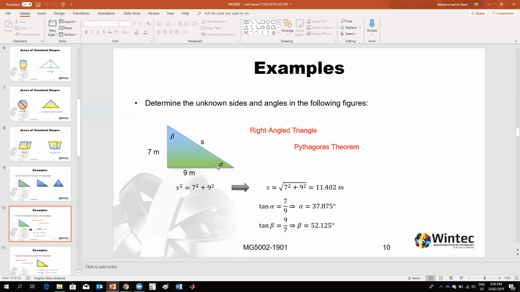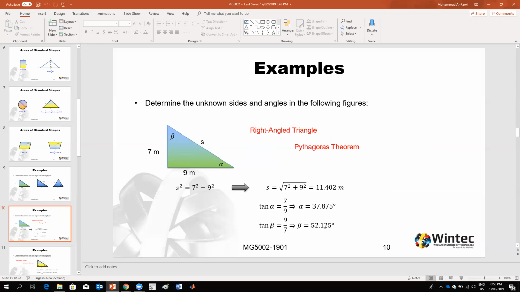After that, we want to find the angle alpha and beta, because this one is 90 degrees. So tan alpha equals what? 7 divided by 9, and that will give you 37.875 degrees. And now either you subtract 180 minus 90 minus 37.875 will give you the 52.125, or use also tan beta is equal 9, which is the opposite to the angle, divided by 7.